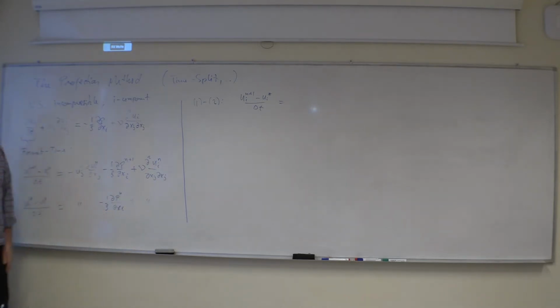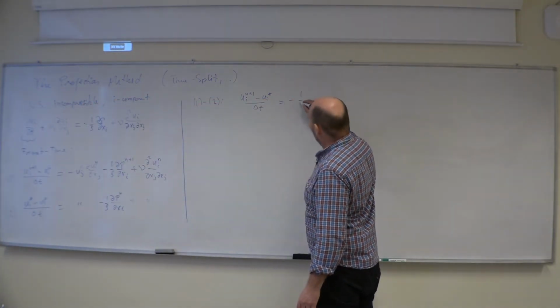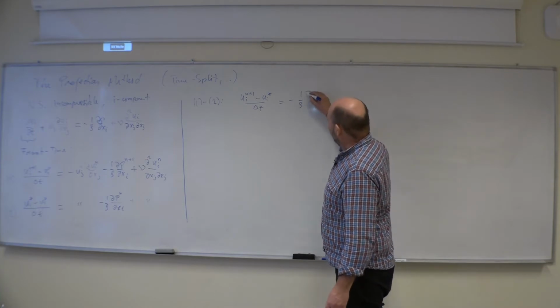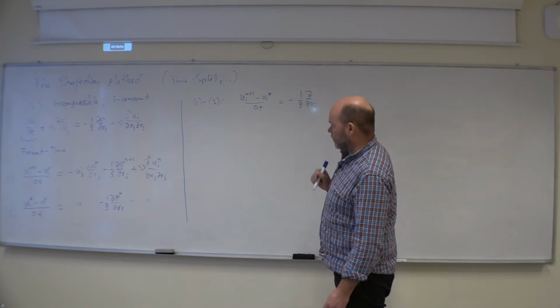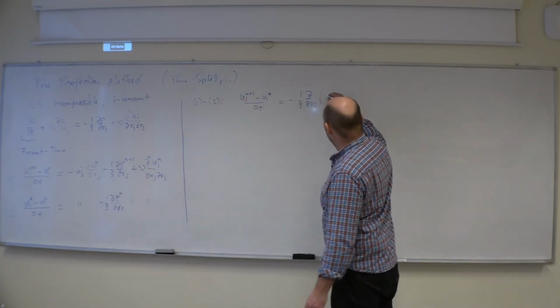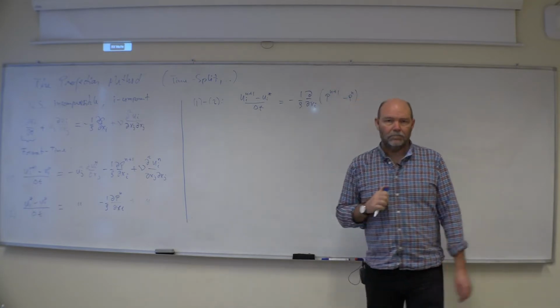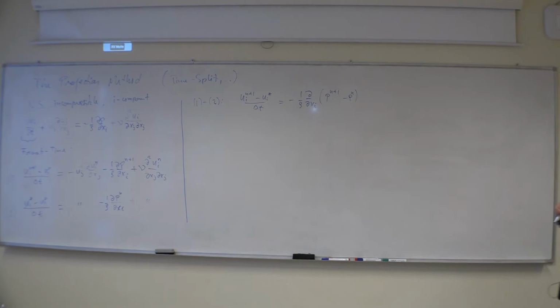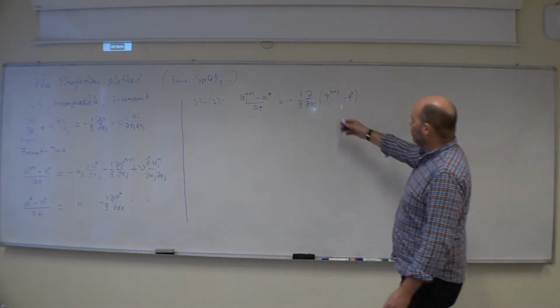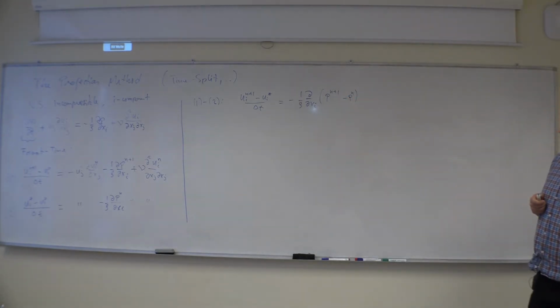But the pressure will survive. So here I will have something like minus 1 over density times the xi derivative of the new pressure, Pn plus 1, minus the old one. Still doesn't help. One equation, two unknowns. New pressure and new velocity. I don't have any solution yet.